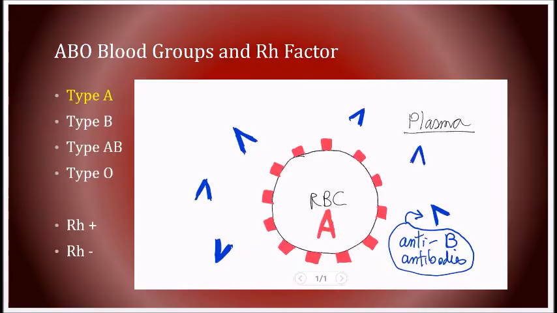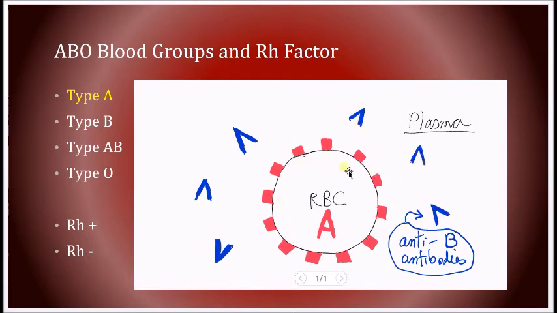So type A, as you can see here from my drawing, we drew the red receptors as A type, and the little blue ones that look like a cone are B antibodies.